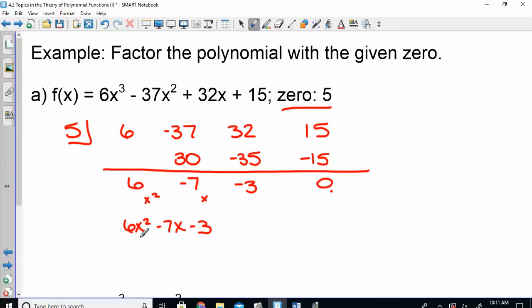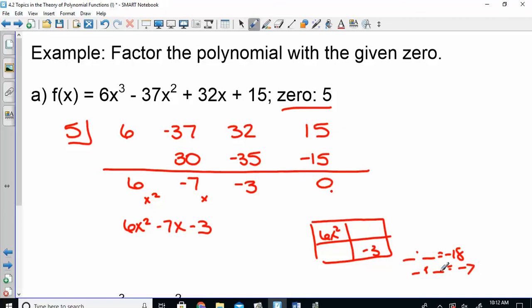My goal was to factor this. Can I factor this part? It's a quadratic, we could do the box method, right? We can't do the shortcut, that's what I was thinking. So we'll have to do the full box.